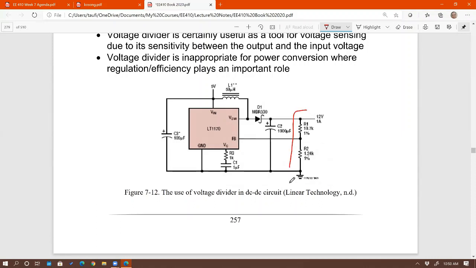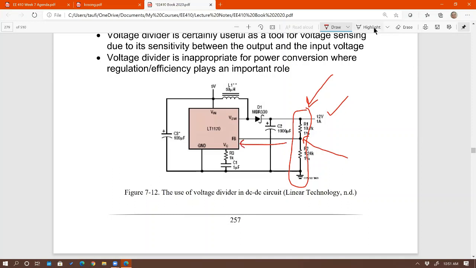That's why in DC to DC converter, as some of you will practice today in the lab, the rest of you on Thursday, you can see that we are using voltage divider to sense the output voltage. Perfect for sensing output voltage, right? Any change on the output voltage will be reflected by the same percentage at this midpoint. That's what we use to send signal to our controller, okay?